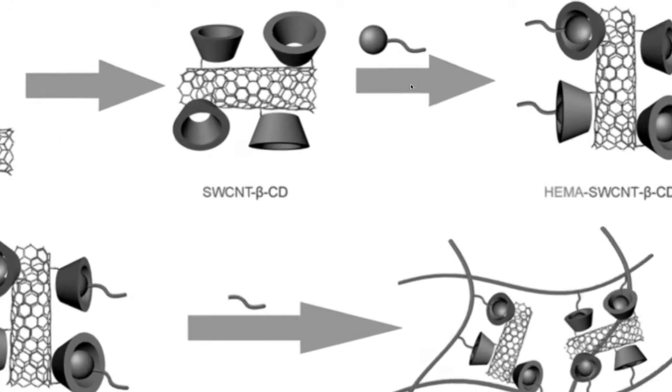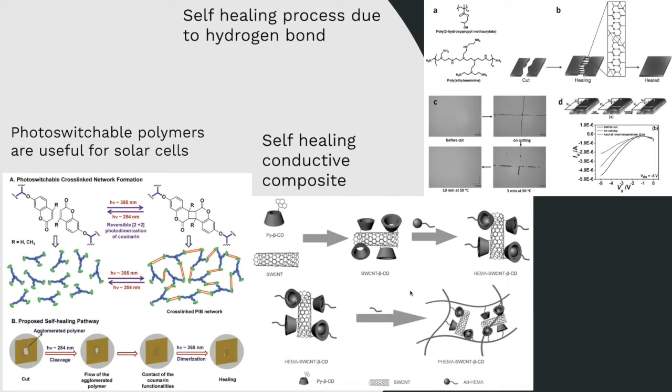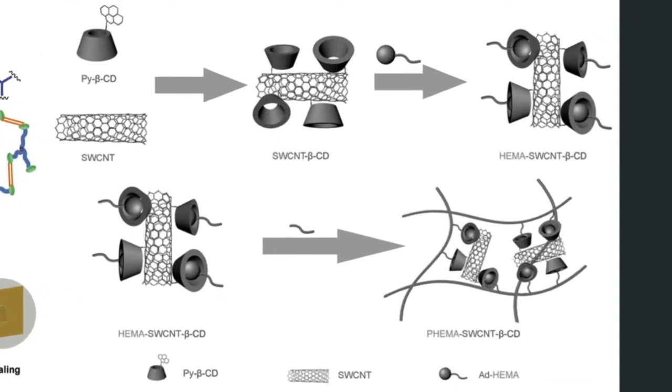Another example is the self-healing conductive composite. It's like a flower, right? It's a cyclodextrin, and this tubular structure is SWCNT, a single walled carbon nanotube.